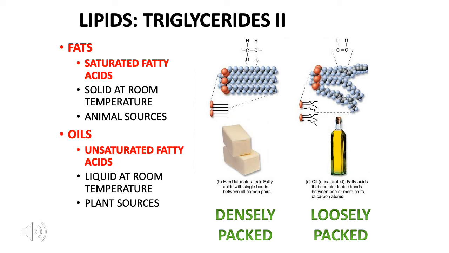And I see 3 red balls representing the 3 oxygens on the 3 carbons of the glycerol molecule, but trailing to the right of those, I see 1, 2, 3 very linear fatty acids. And I see a close-up view of the fact that those fatty acids are, in fact, single bonded.